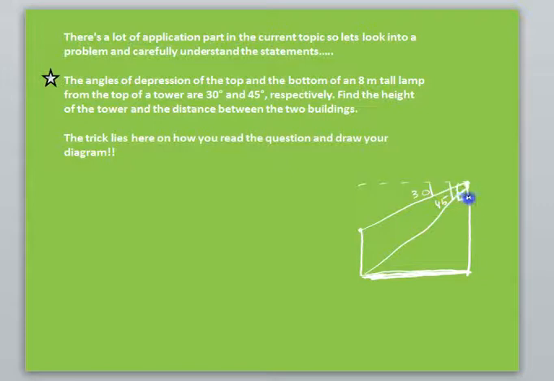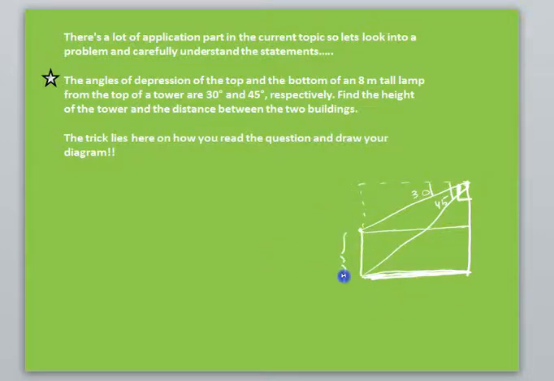Remember, this forms a right angle over here. Now if I construct a parallel line from this point and I join this point, this will be a complete square for me, and I have constructed this for convenience.